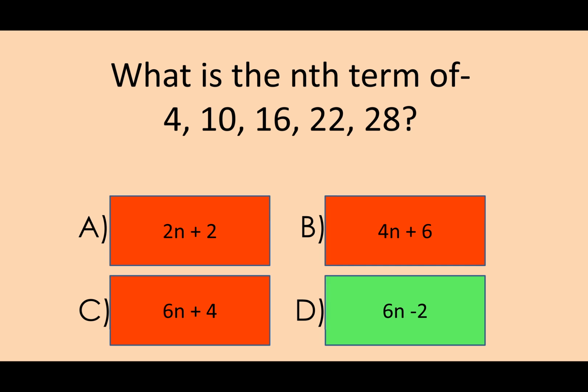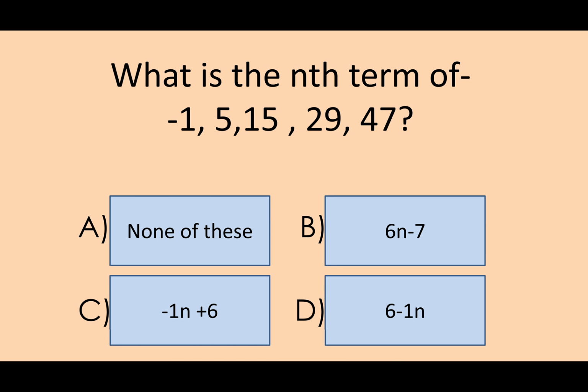Now, let's have a look at this one. What is the nth term of minus 1, 5, 15, 29, and 47? Have a think carefully. Let's find the differences: minus 1 to 5, 5 to 15, 15 to 29, to 47.